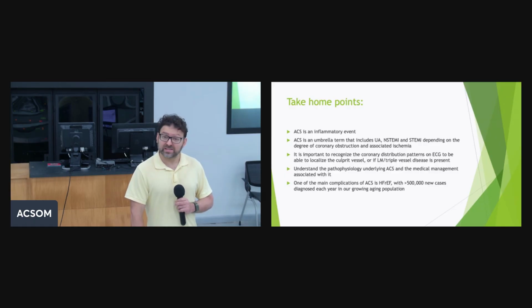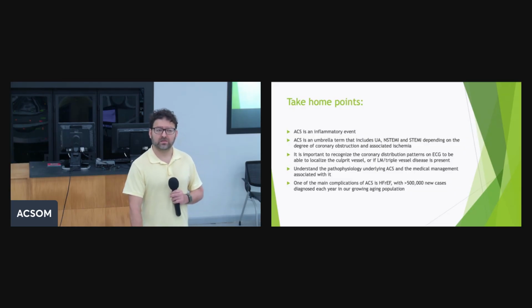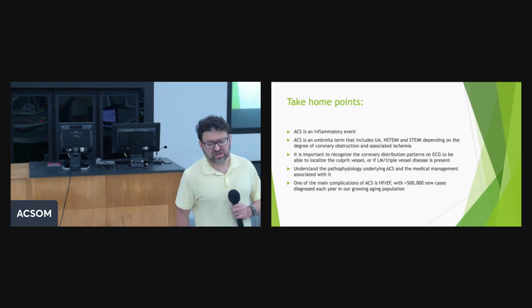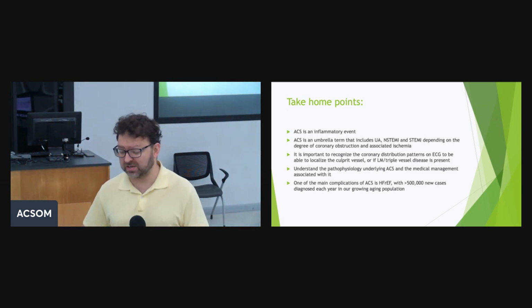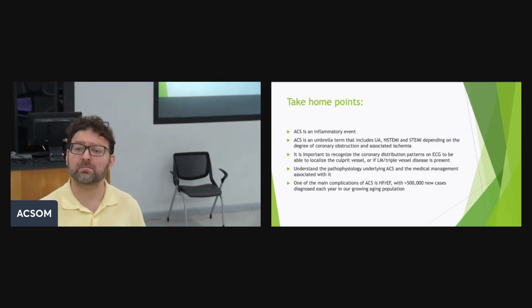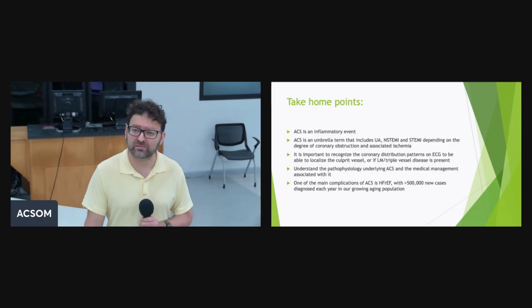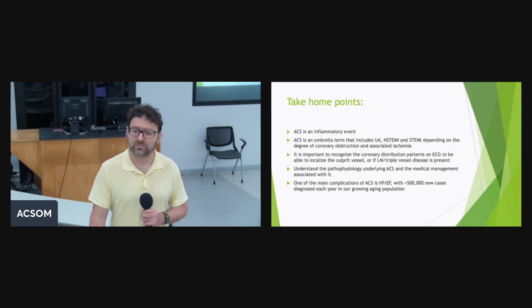Yeah. ST elevation MI is a medical emergency. You have to diagnose ST elevation MI quickly. The first diagnostic test will always be an ECG. Does the troponin matter if you have an ST elevation on your ECG?